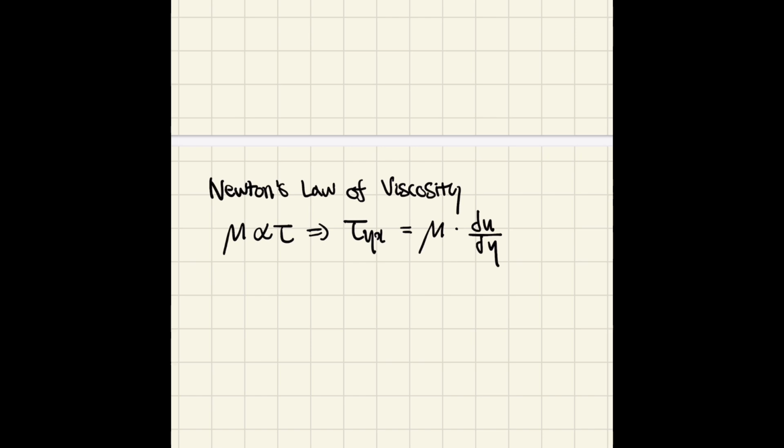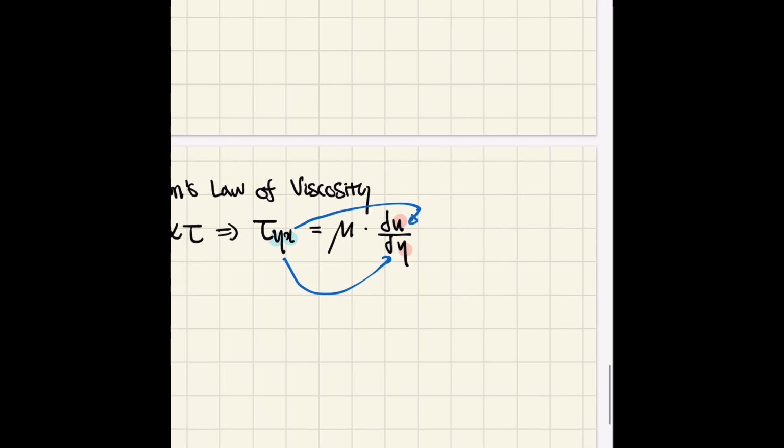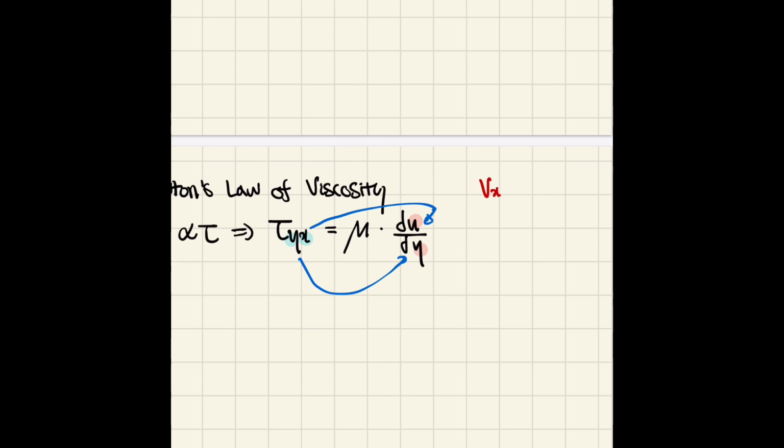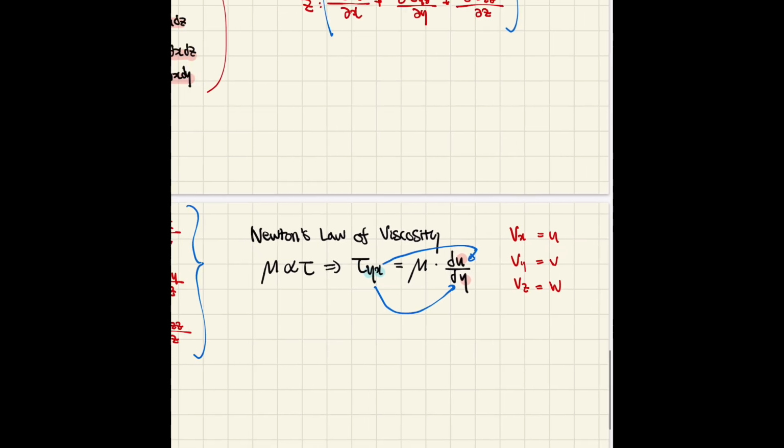The reason why we have du dy for the tau yx is because the plane that it's on is the variable that we need to derive with respect to. And this x on the right side, which is the direction, is the velocity in that direction. We know that the velocity in the x, y, and z can be written as u, v, and w. So this is Newton's law of viscosity.